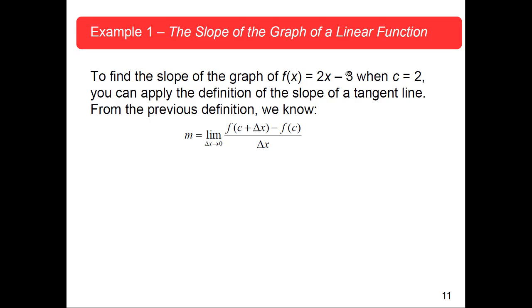Okay, so we want to find the slope of f at c equals 2. So let's dive right in here. Okay, we have f of x equals 2x minus 3 and c equals 2. Now, what was our definition?